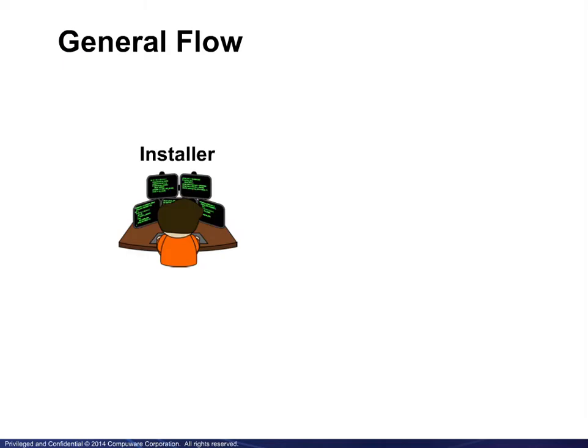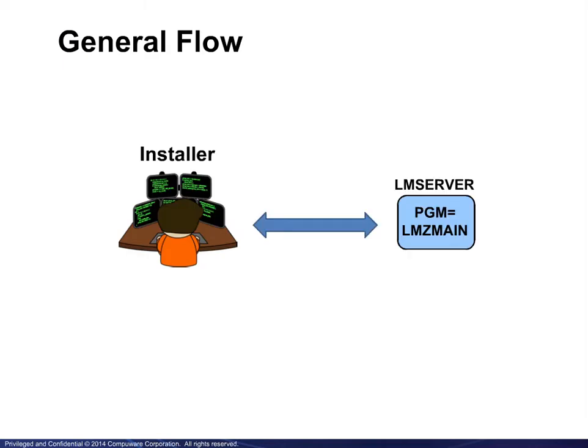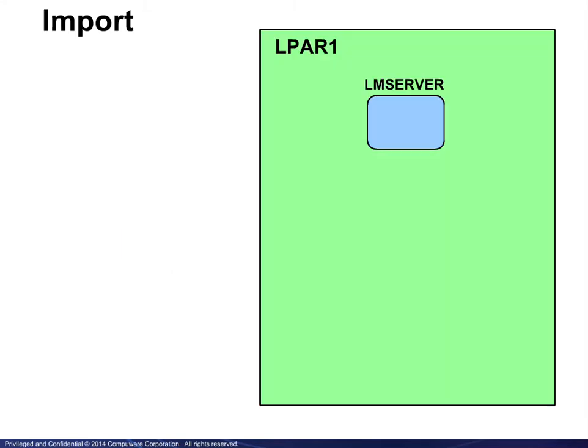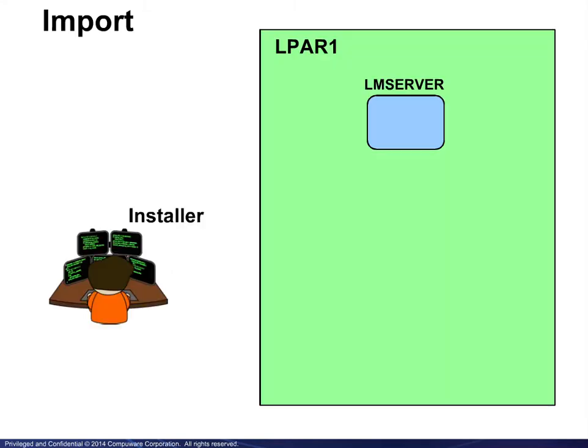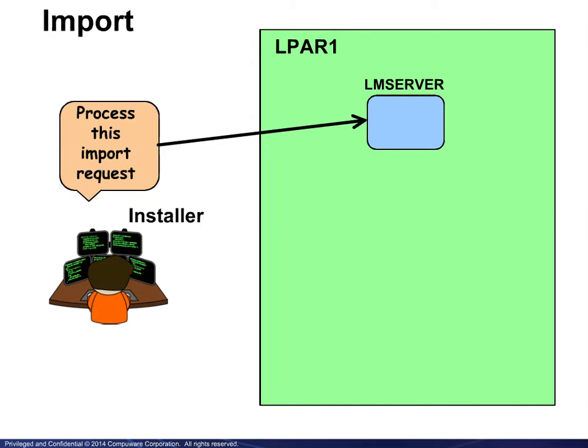For the general flow, the installer and server communicate with each other, asking for information and sending responses. During an import, the installer tells the server to process an import request. The server invokes the program to do the import.